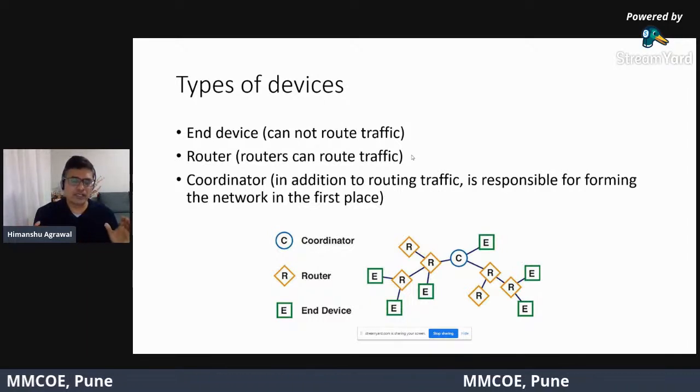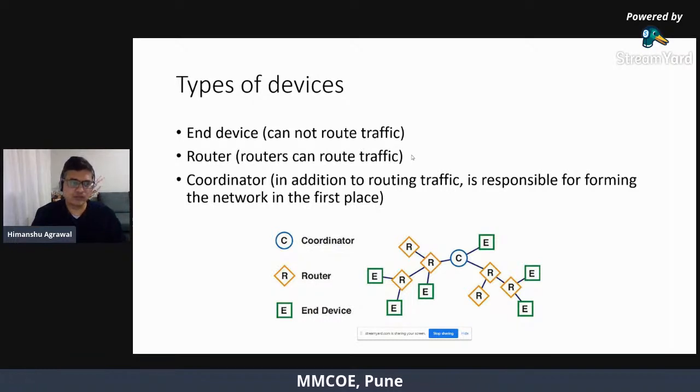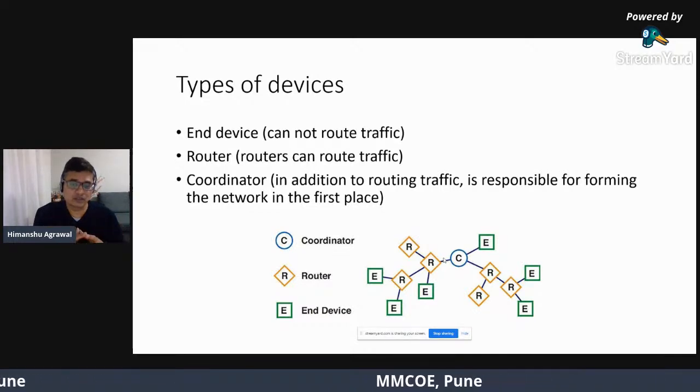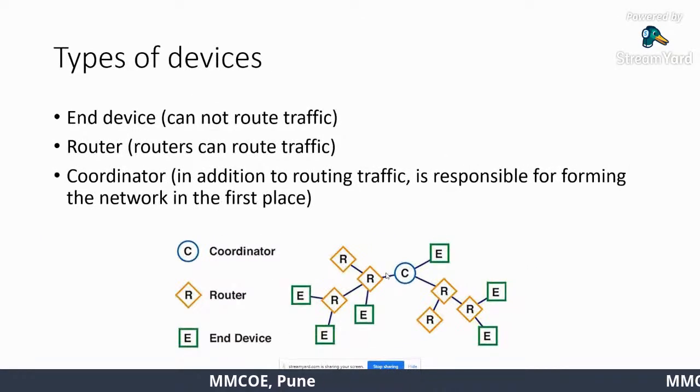You have a coordinator node and various routers. It does not operate in peer-to-peer; rather, it supports a mesh network. So you have a coordinator node, then various routers routing traffic, and then your end devices, right?